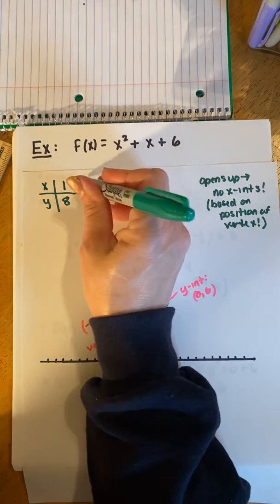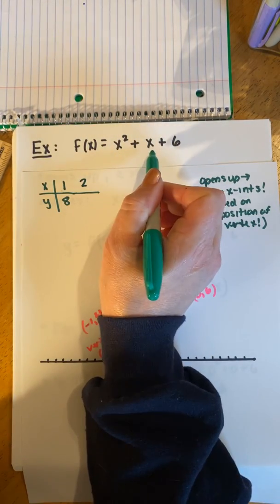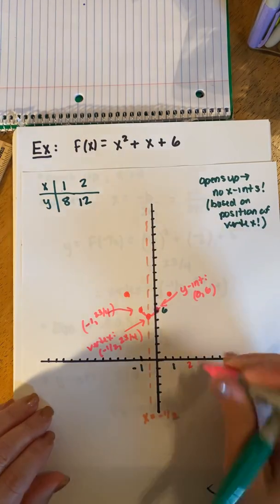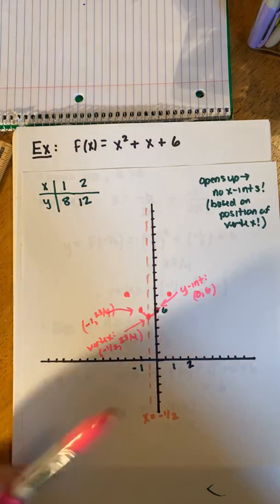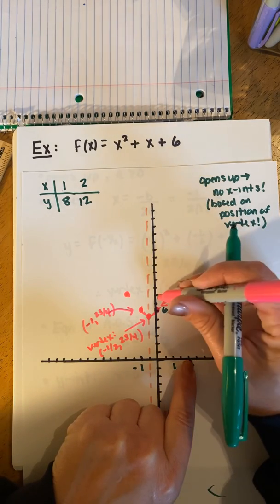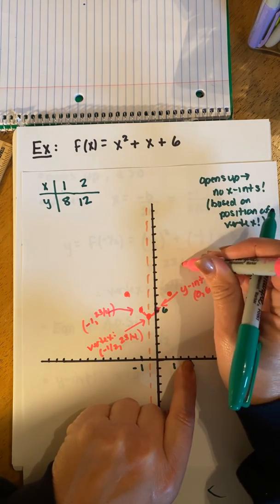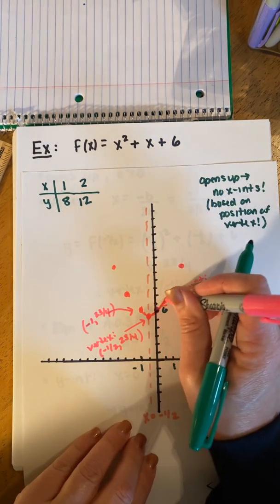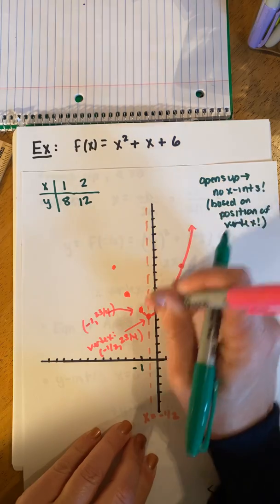I'm going to plug in 2, and 2 times 2 is 4, plus 2 plus 6, I'm at 12. So at 2, I'm at 12. So 8, 9, 10, 11, 12. I'm up here. And I feel as if now I have enough points to fairly graph my quadratic function.